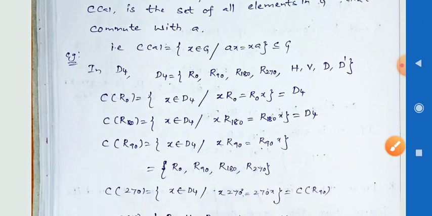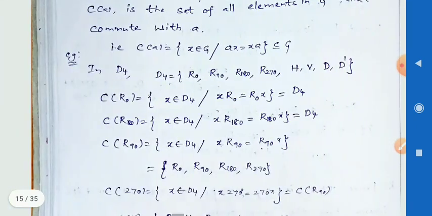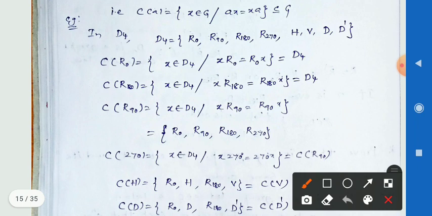Now here one example is given, the dihedral group D4. D4 is equal to rotation 0, rotation 90, rotation 180, rotation 270, horizontal reflection, vertical reflection, diagonal reflection and another diagonal reflection.